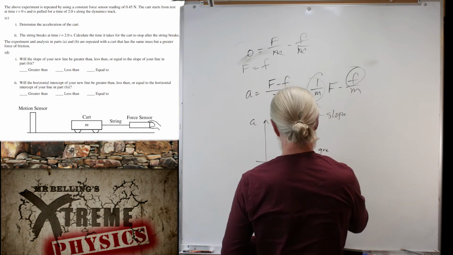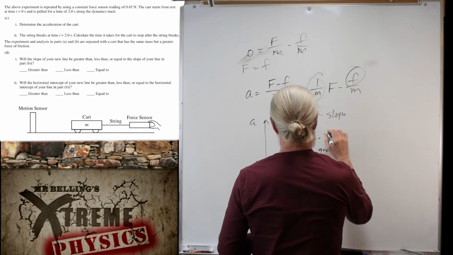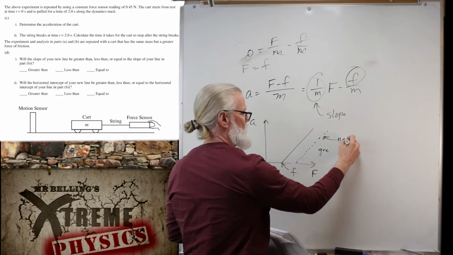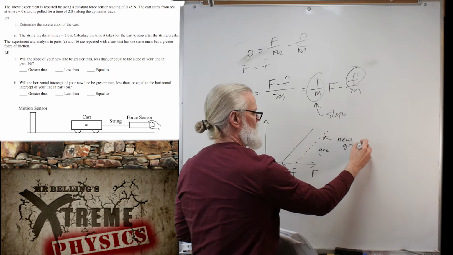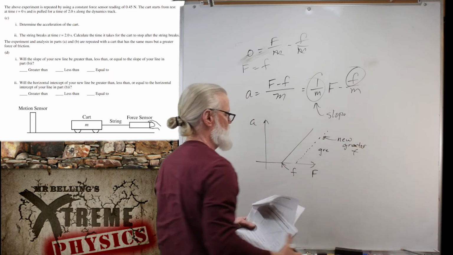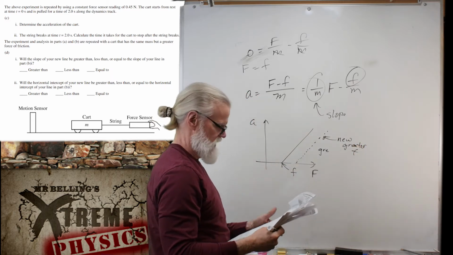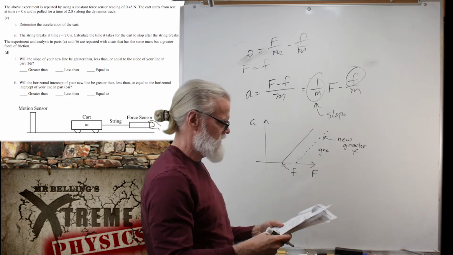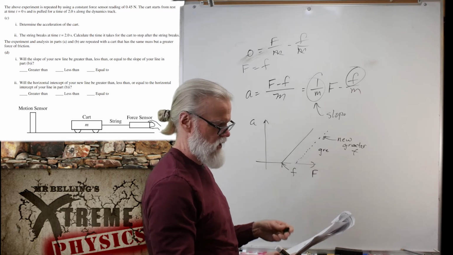Let me stand right here. So that's new, greater F, greater friction right there. So that got bigger. All right, that's the end of that one. So that was the end of question 1.